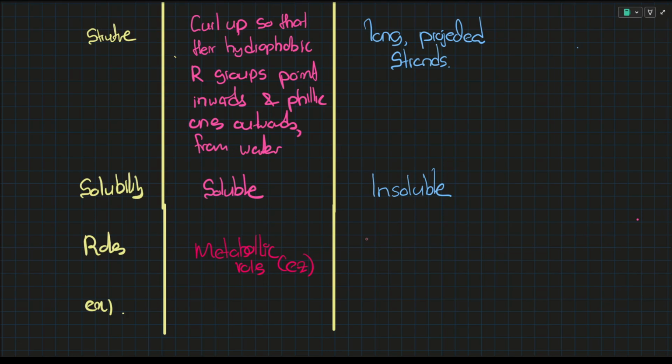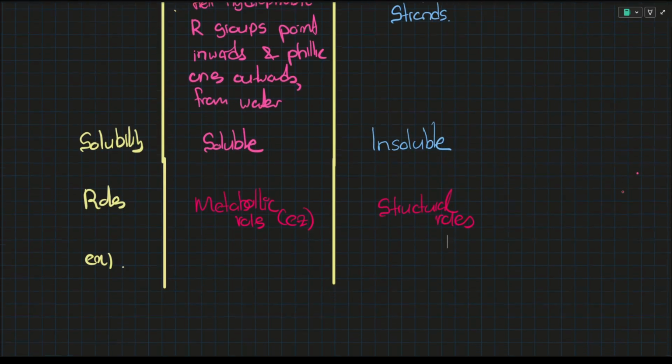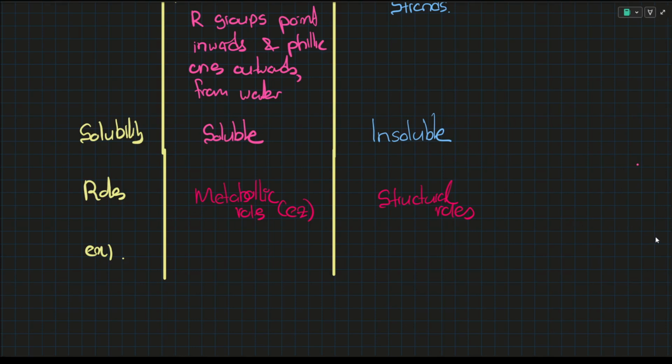Fibrous proteins like this, they are going to have structural roles. So hair, nails, collagen on your skin, that's to hold things up, no? That's because they have structural roles. I don't know why I use different colors for the two things. I should have used pink and blue, never mind.